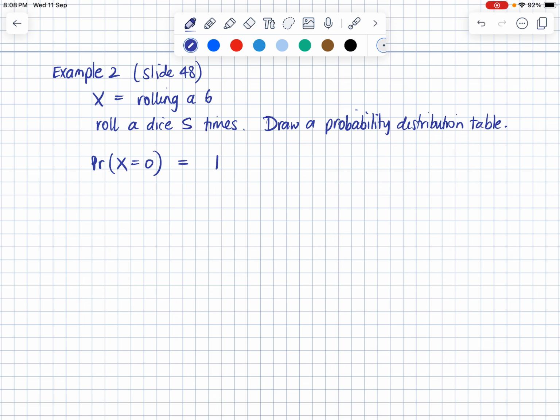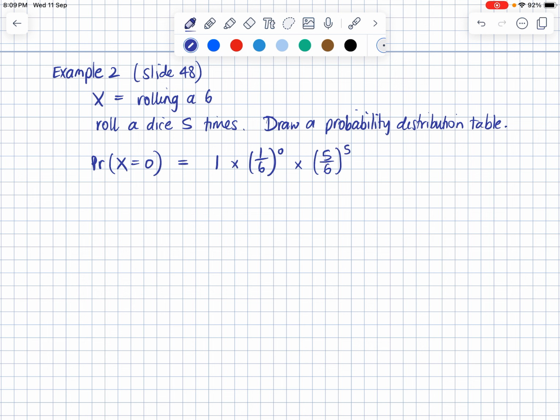There's only one way, and that's to get anything but a 6 every time. I don't want any 6s, so the probability of getting a 6 is 1/6 to the power of 0, and everything else is 5/6, and we need to get 5 of them.